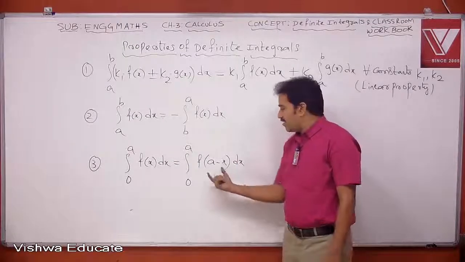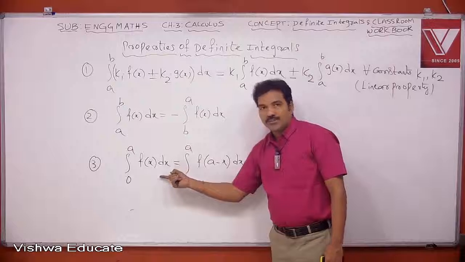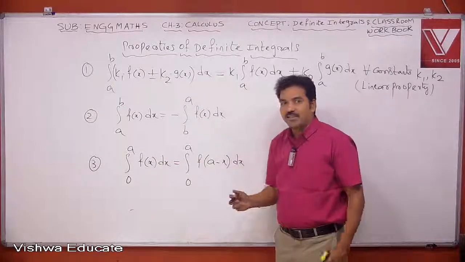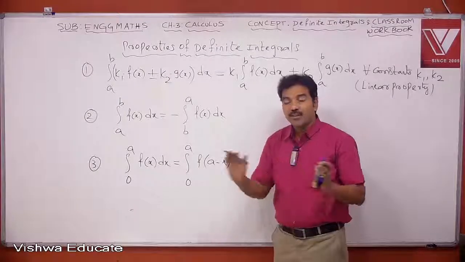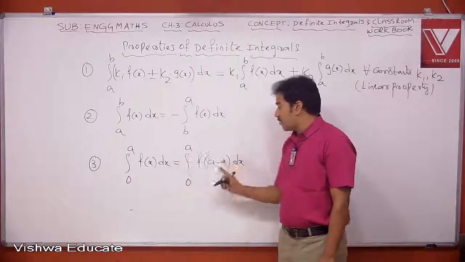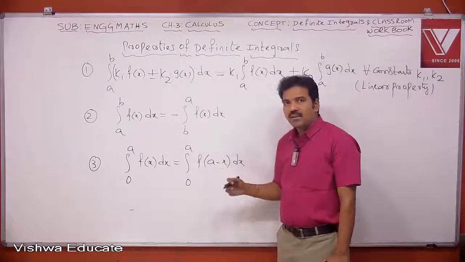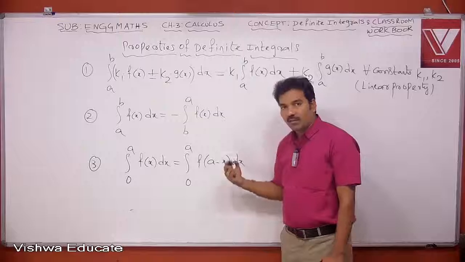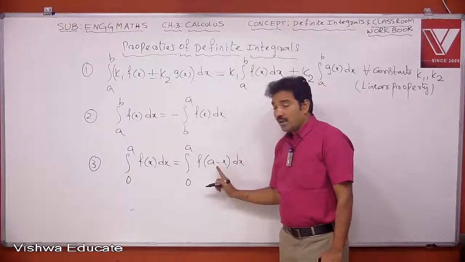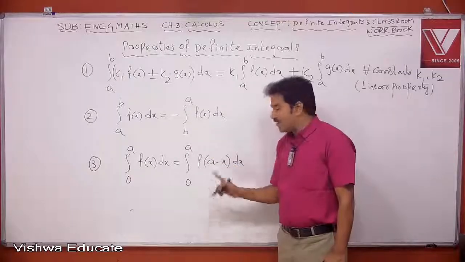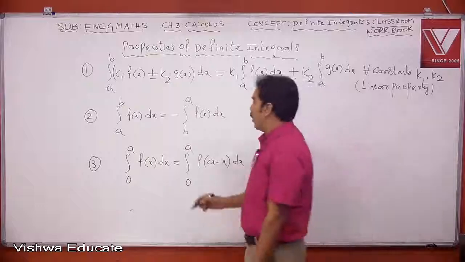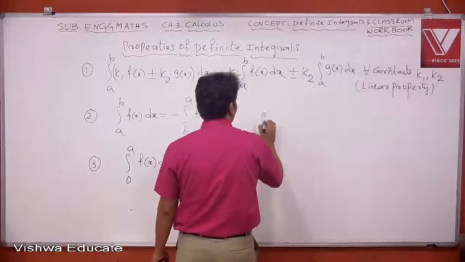Generally, people think that this is more complicated, because unnecessarily we are replacing x by a minus x and making the function complicated. But there are some advantages by replacing x with a minus x. You can understand very easily during classroom workbook questions. When you replace x by a minus x without changing limits 0 to a, both integrals will give the same value.